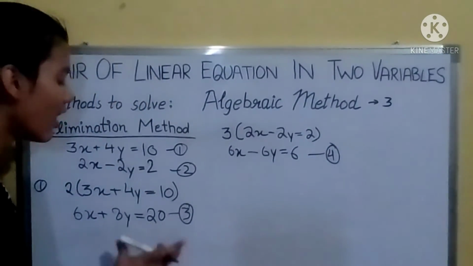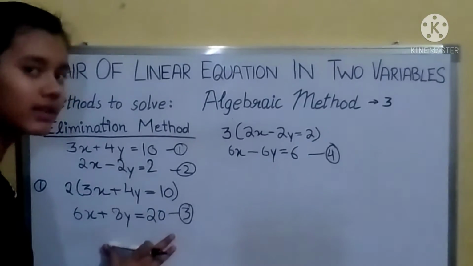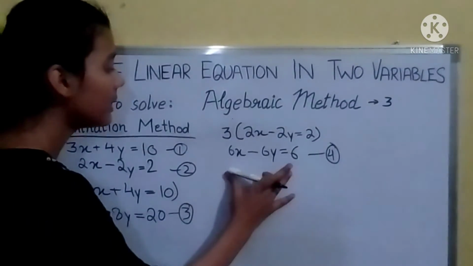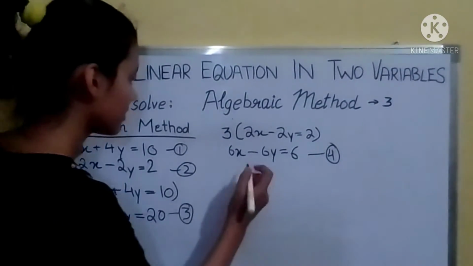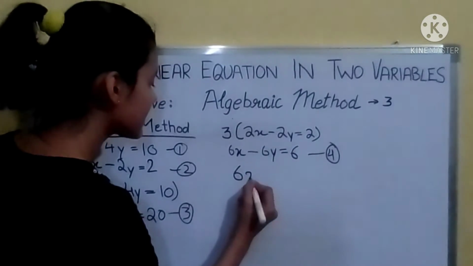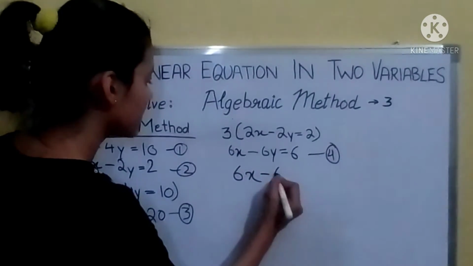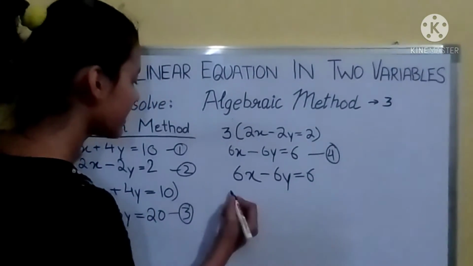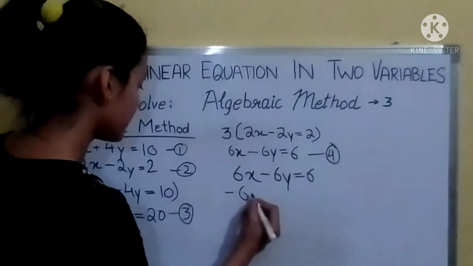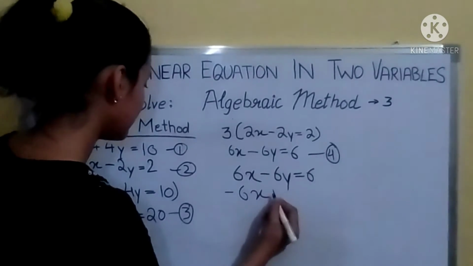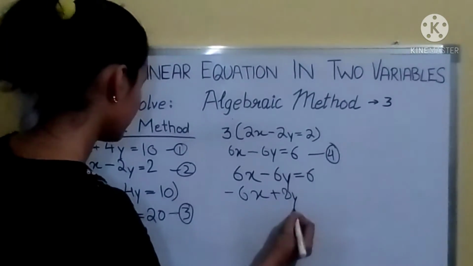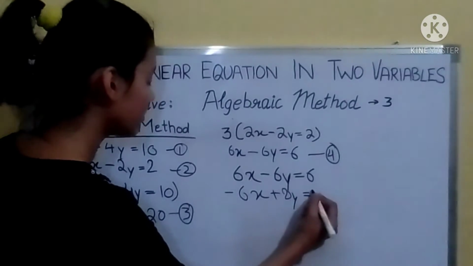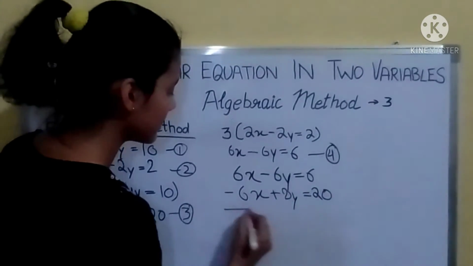Okay. So now we will subtract the third equation from the fourth equation. So we will get 6x minus 6y is equal to 6. Then here in minus, 6x plus 8y is equal to 20.